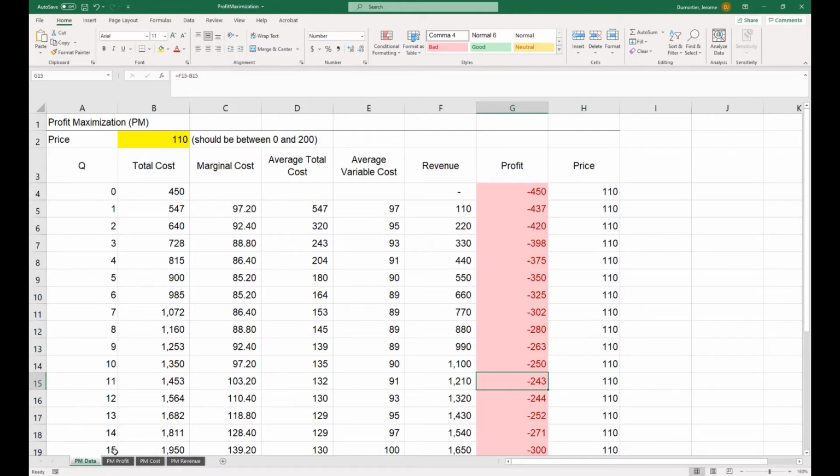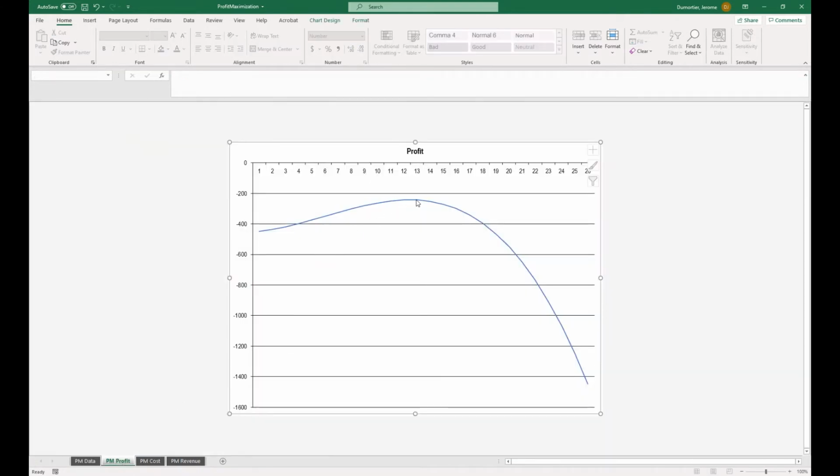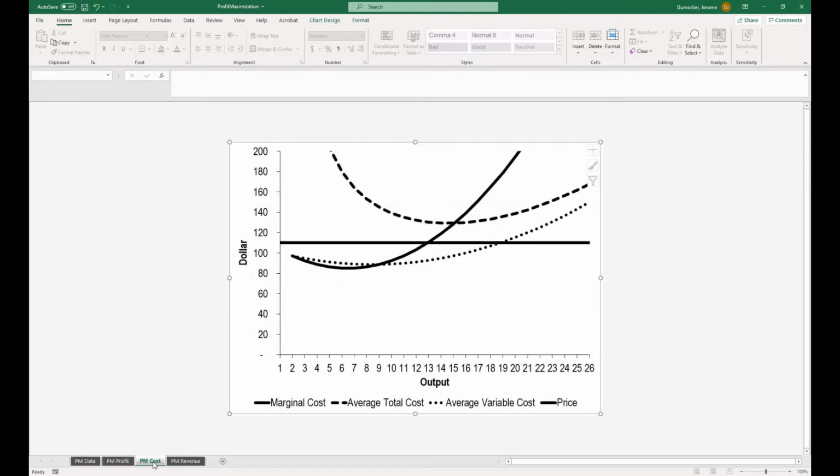So in this case, what it means is that despite the fact that we are making a loss, we need to continue to produce in order to minimize our loss. Now the question is, how is that possible? Or why is that the case? Let us have a look at the marginal cost, average total cost, and average variable cost function.